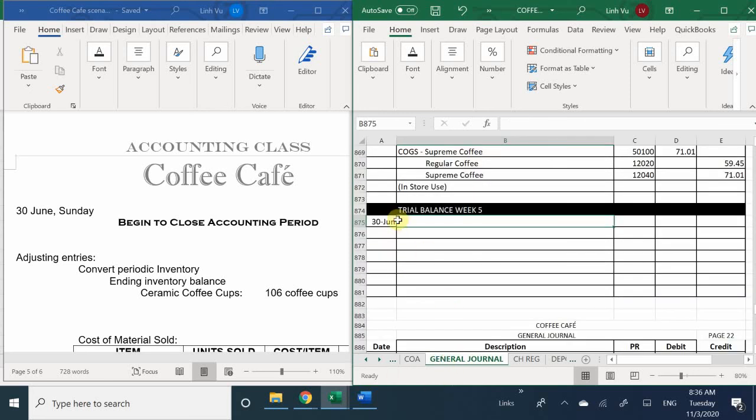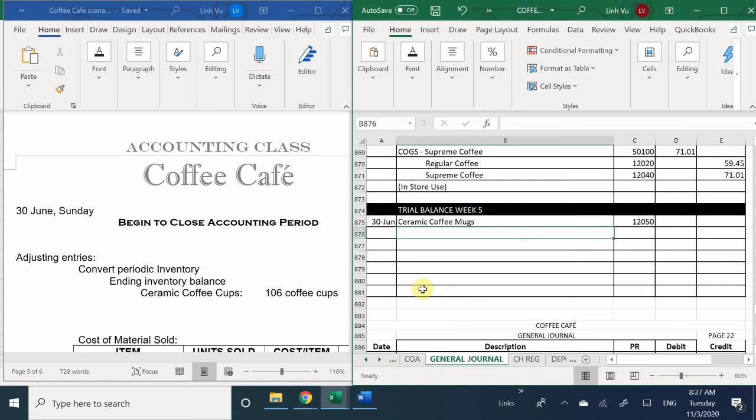Okay, so here we're going to recognize our inventory on hand. And then, like Mia said, we have a cost of goods sold. What was the account number for the ceramic coffee mugs again? 12050.